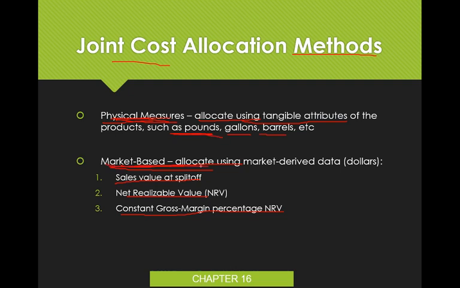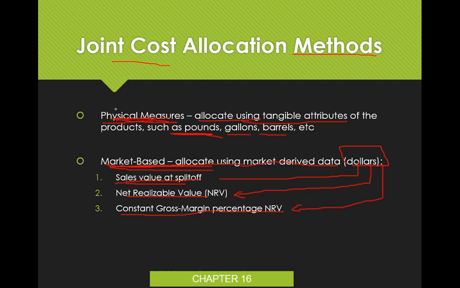In the market-based category, we use the dollar value, using market-derived data. The allocation base has the dollar value. The first method is sales value at split-off point, which uses the dollar value; the second method is net realizable value; and the third method is constant gross margin percentage net realizable value.